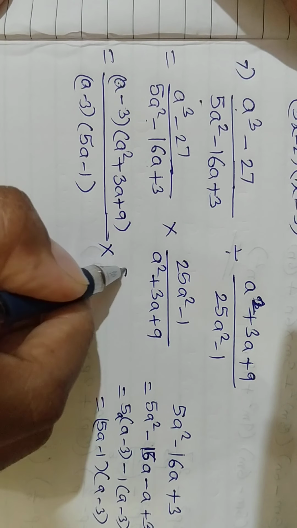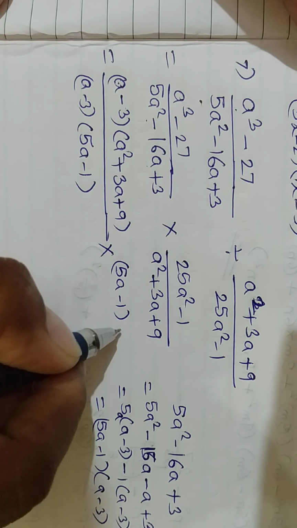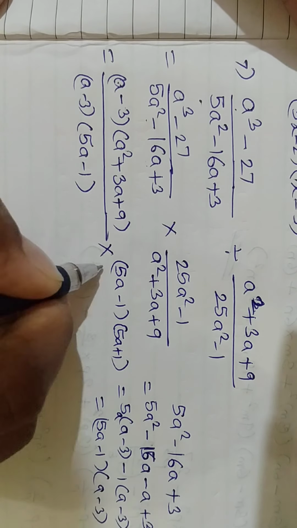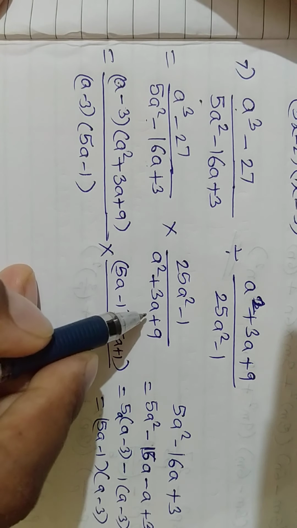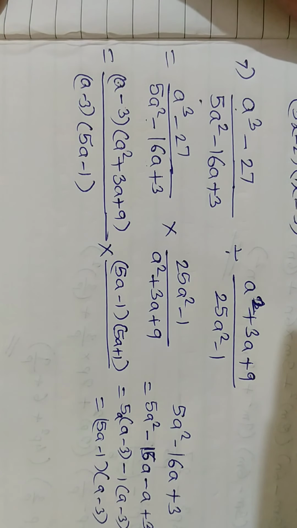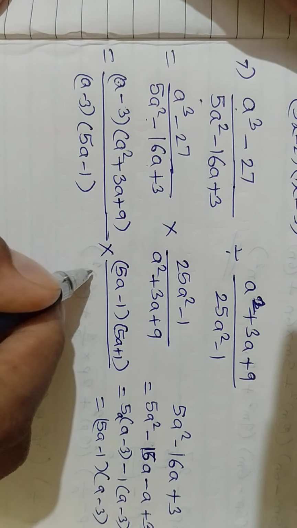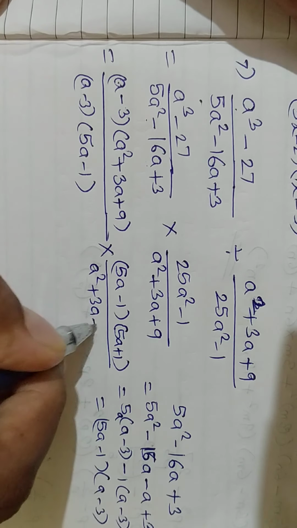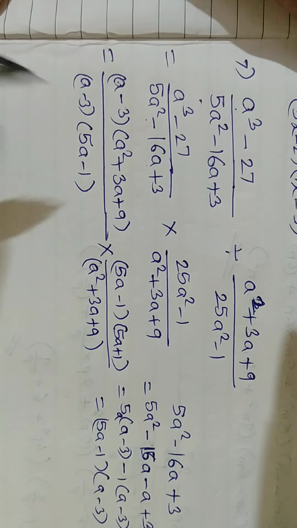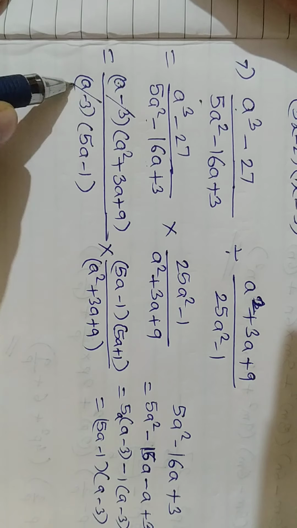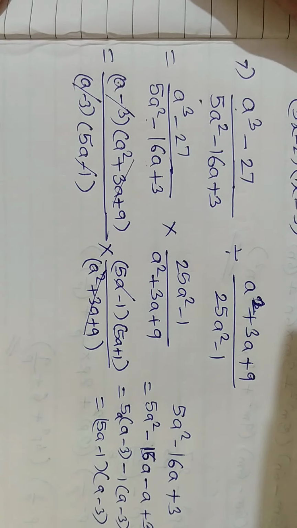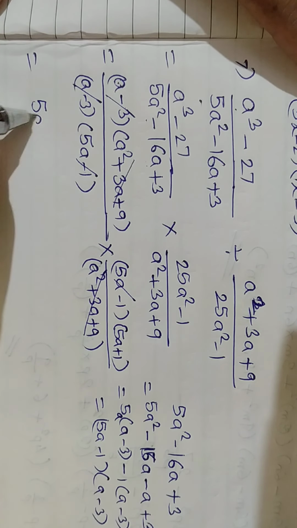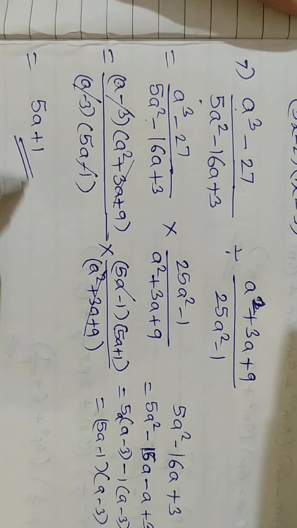Here (5a minus 1)(5a plus 1). Down, a square plus 3a plus 9 will be as it is. Now see what you can cancel: a minus 3, 5a minus 1, 5a minus 1, this bracket and this bracket. So the remaining is 5a plus 1. This is your final answer.